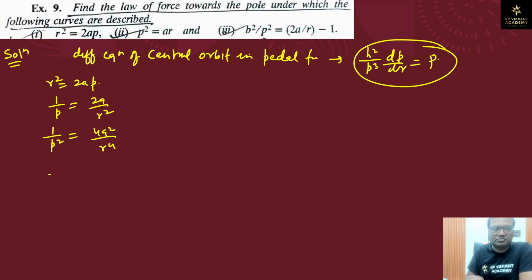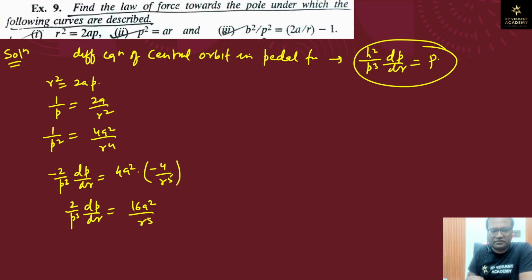So let us differentiate this with respect to r. Okay, so this is minus 2 upon p cube dp upon dr is equal to 4a square into minus 4 upon r^5. This is 2 upon p cube dp upon dr is equal to 16a square upon r^5.